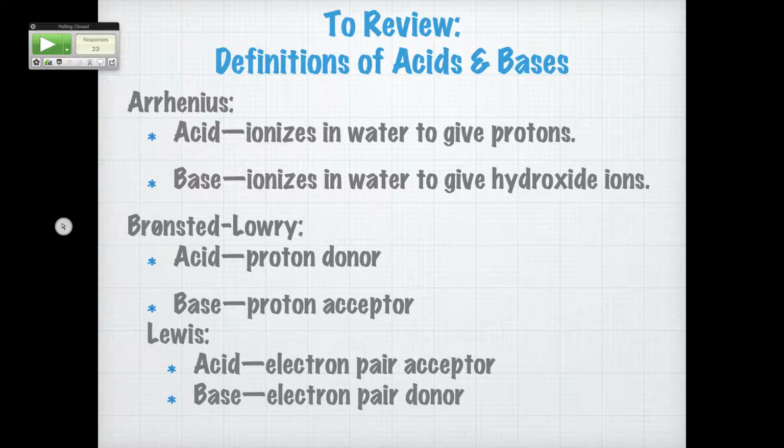If you got mixed up, pause and go, wait a minute, is it acceptor or donor? Sit and look at H plus. It's an acid in every definition. OH minus is a base in every definition. When I figured that out, I finally got them right, because I would get them mixed up too when I was a student. It wasn't that long ago.